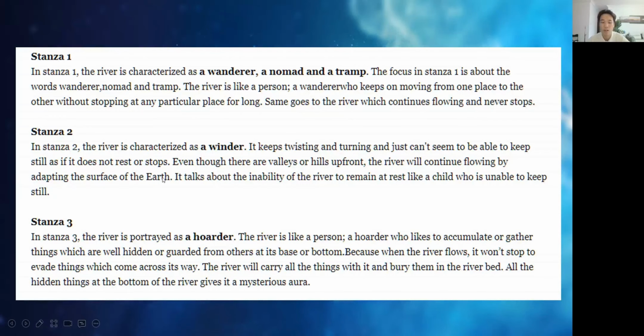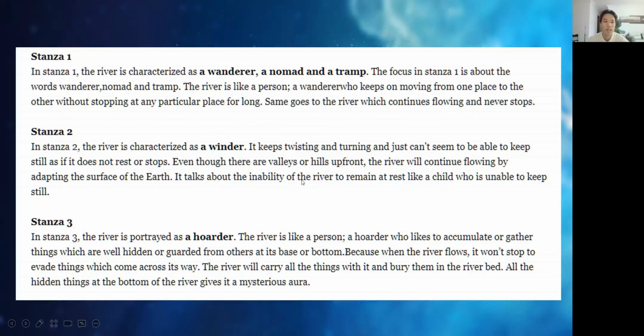Okay, so what does holder actually mean? Here, the river is like a person, a holder who likes to accumulate or gather things, like the pictures showing just now.